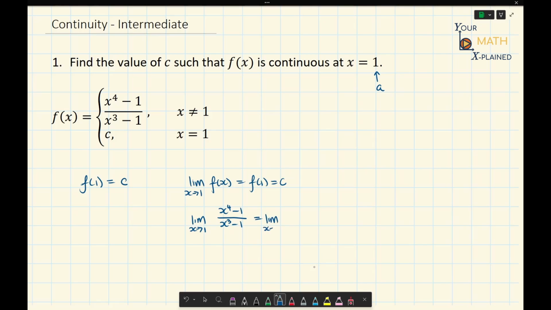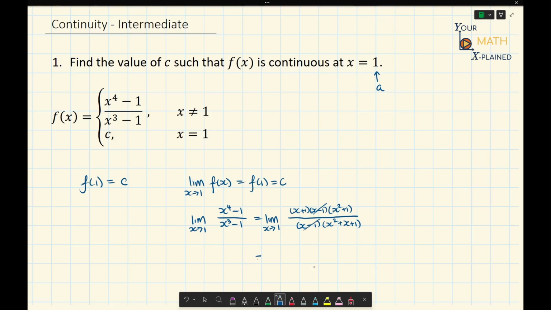The top can get factored into x plus 1, x minus 1, and x squared plus 1. The denominator here is a difference of cubes, so this gets factored into x minus 1 times x squared plus x plus 1. And now we can go ahead and cancel out the factor x minus 1 from the top and bottom.